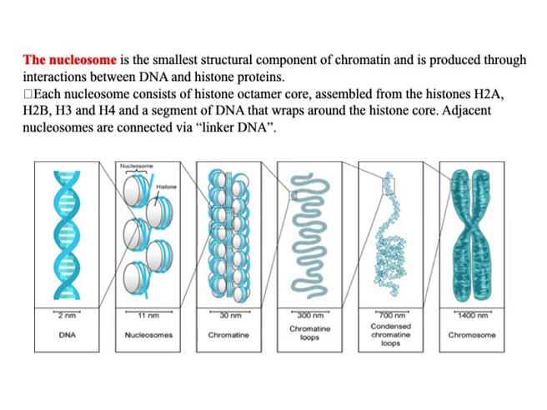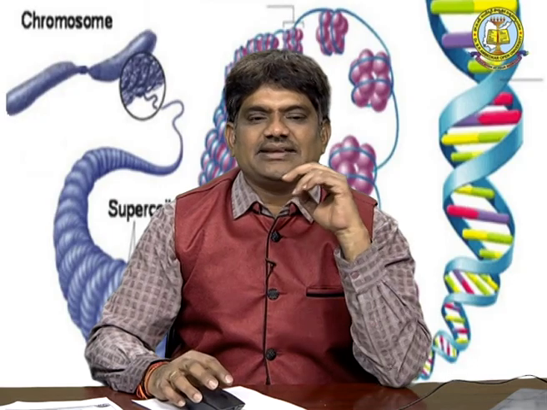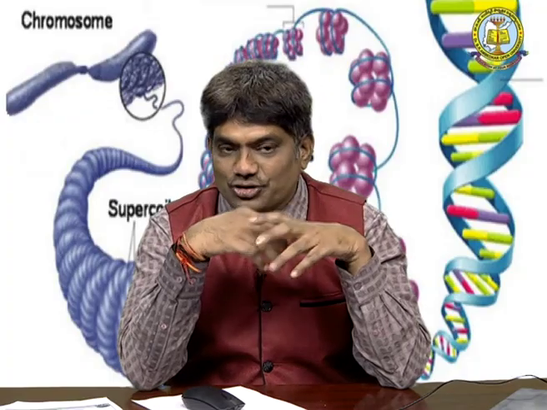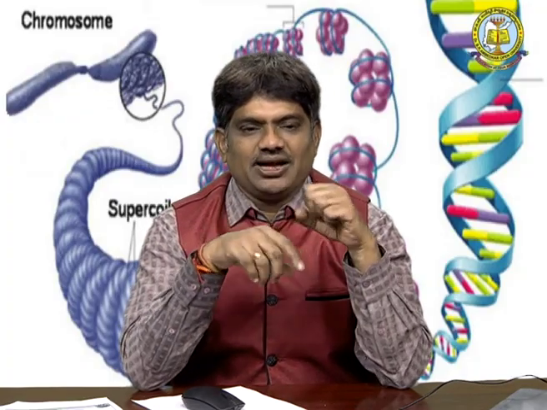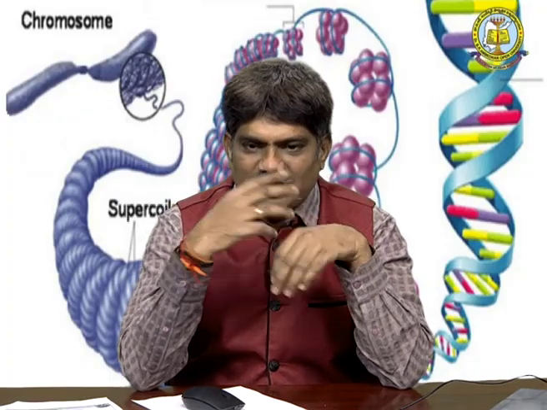We already said Kornberg identified the nucleosomes. As you see in the video, this chromosome is not a single thread, it is highly folded. The DNA, the genetic material, combines with the histone protein, forming a bead-like structure surrounded by histone proteins.